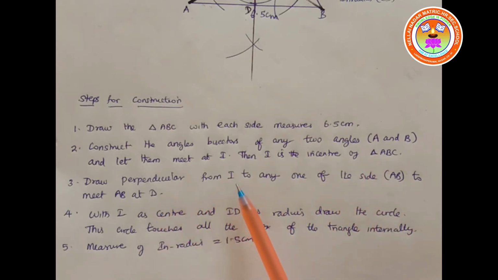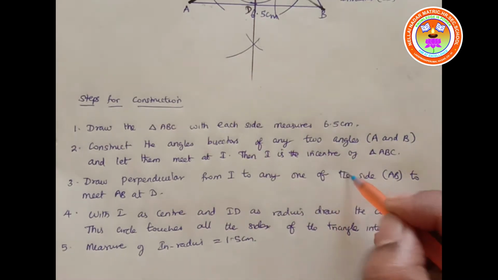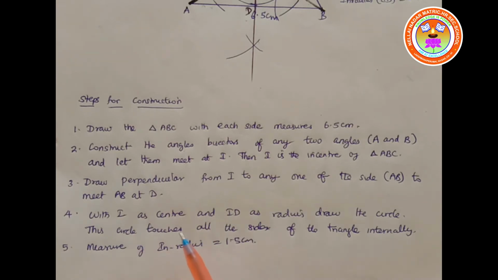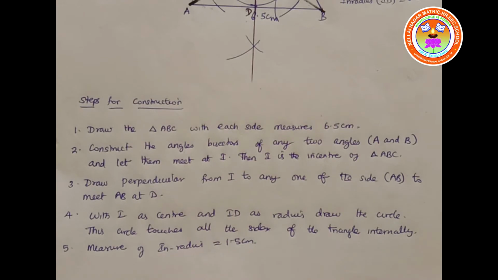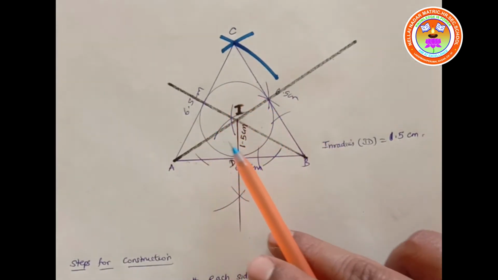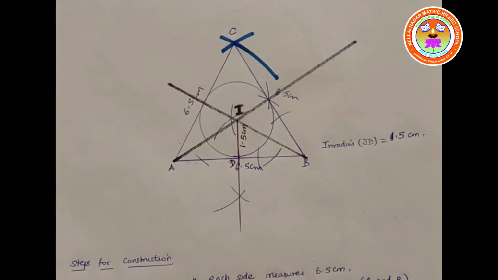Draw a perpendicular from I to any one of the sides AB to meet AB at D. With I as center and ID as radius, draw the circle. This circle touches all the sides of the triangle internally. The radius is 1.5 centimeter, so it should touch all the sides of the triangle. Then only it is correct. Is it clear, children? So this is the fifth one. You can see the next question, the sixth one.